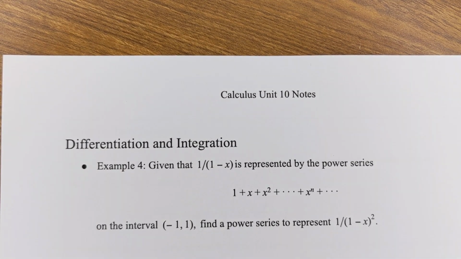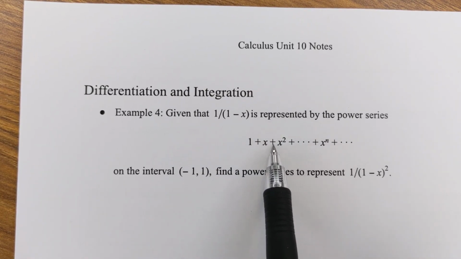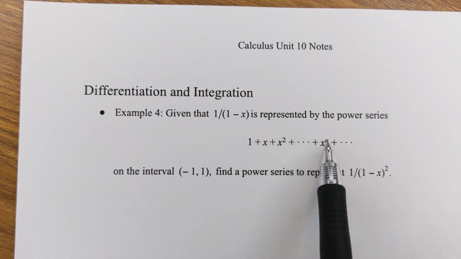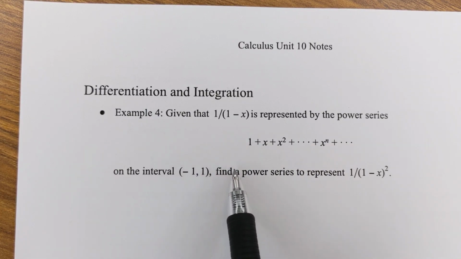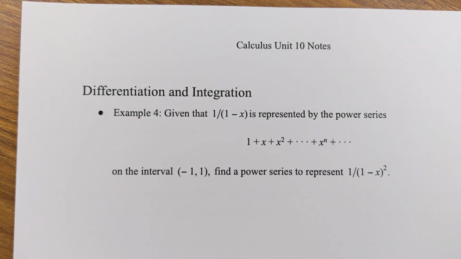All right. Given that 1 over 1 minus x is represented by the power series 1 plus x plus x squared, so on and so forth, on the interval -1 to 1, find a power series to represent 1 over 1 minus x squared. So let's see here.